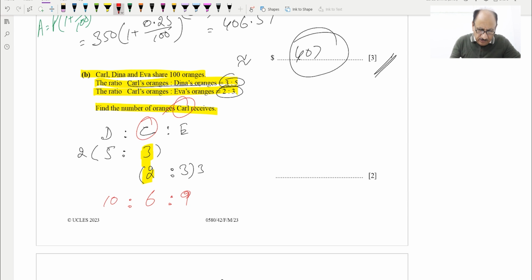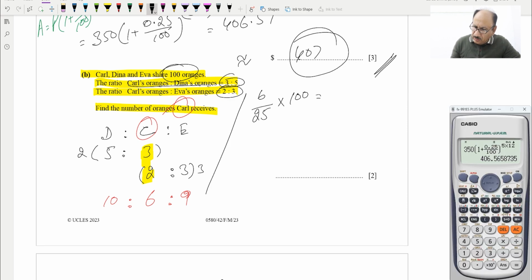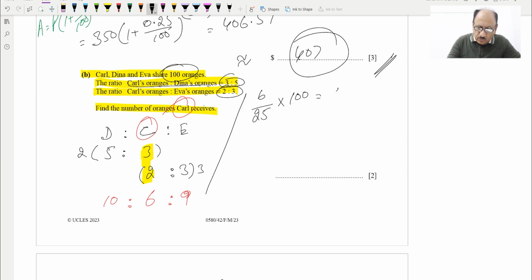Now we need 6 out of what? 6 plus 10 plus 9 is 25, and multiply by 100, because there are 100 oranges in total. So 6 over 25 into 100 gives us 24.